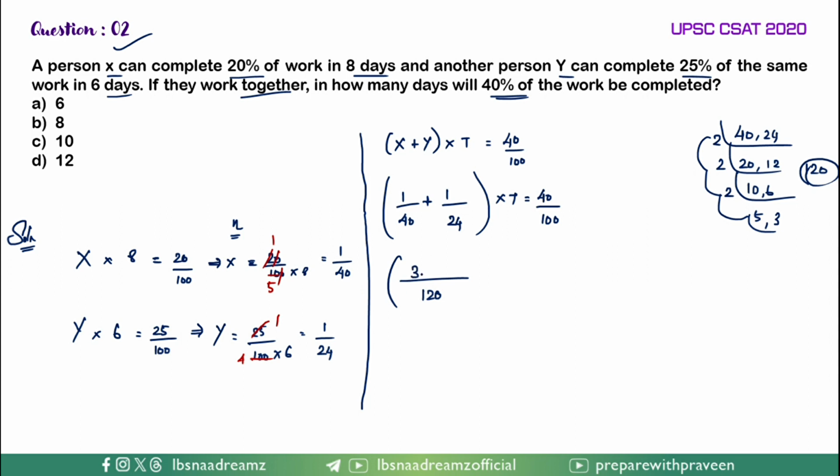So 3 plus 5 into T is equal to 40 by 100. So adding this, 8 by 120 into T is equal to 40 by 100.